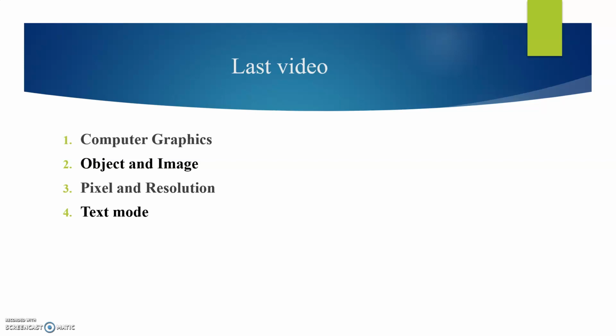And next, we started the text mode and graphics mode. These are the two modes of graphics: one is the text mode and second is the graphics mode. In the last video, we studied the text mode. We have seen that text mode graphic functions are window, putch, clrscr, gotoxy, puts.